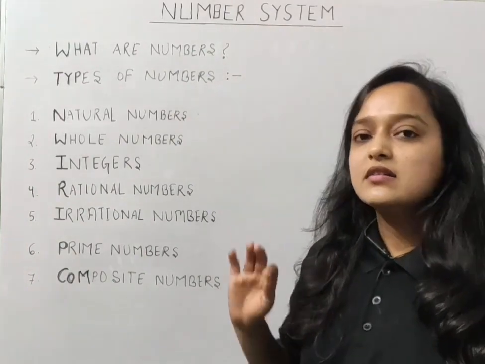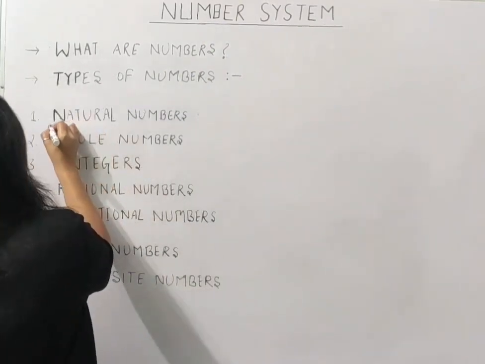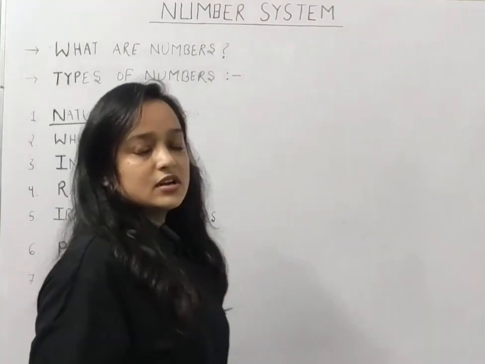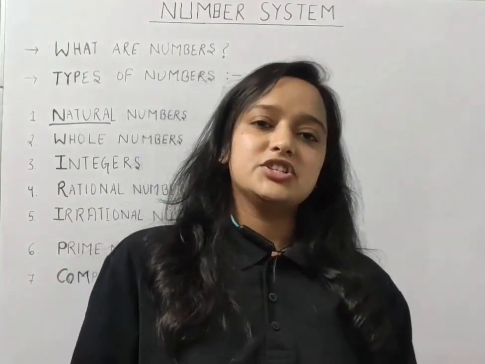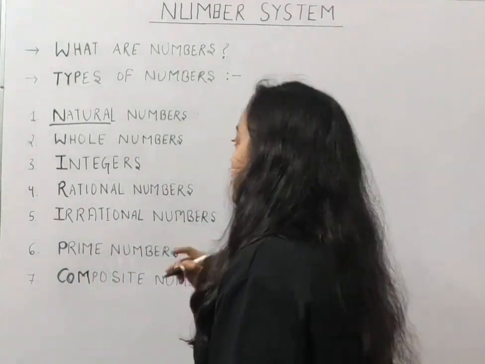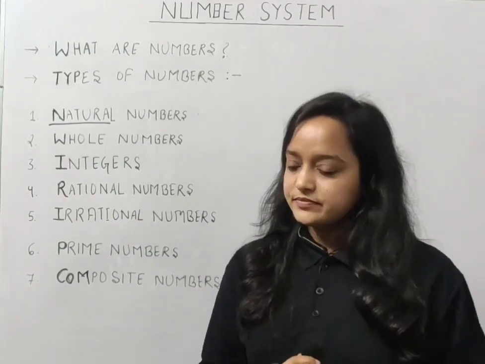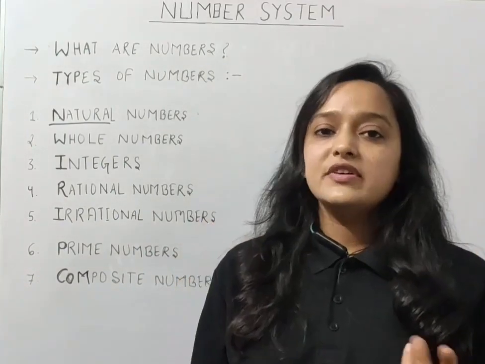So let me take natural numbers. Okay. So natural numbers, what does the name indicate? Nature. So these are given by nature. Natural numbers are those which are given by nature. These are also called counting numbers. Right. So how will you start counting?